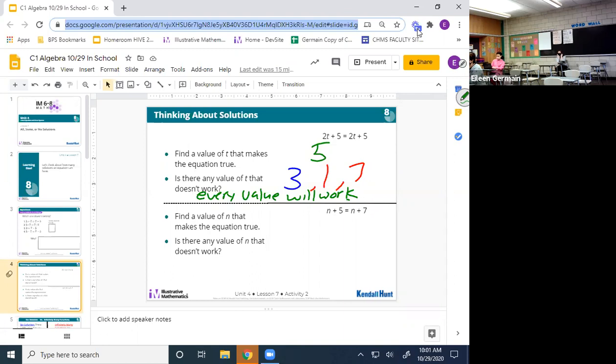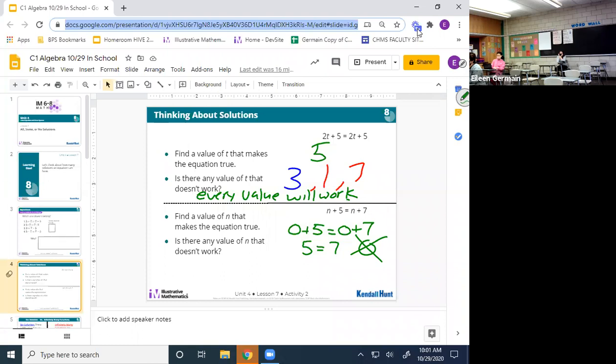So if I were to plug 0 in here and I said 0 plus 5 equals 0 plus 7, what would that be equal to? 5 equals 7. Is that a true statement? No. So Connor changed his mind. He said 0 did not work. Connor changed his statement, so there are no numbers that would fit in here that would make this true.